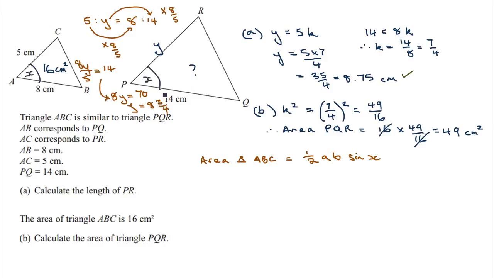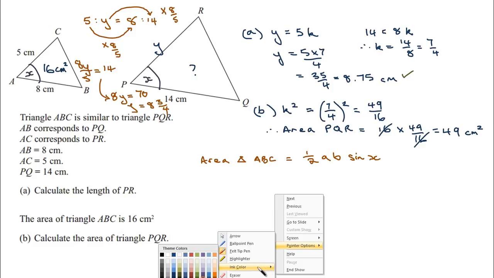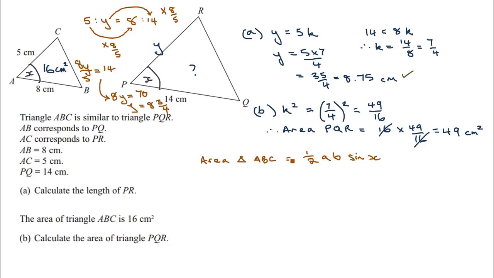Okay, so now going back to this, we can just plug in our values. So we know that the area of triangle ABC is 16 centimeters squared. So 16 equals half times A, well, let's choose 8, and B, 5.